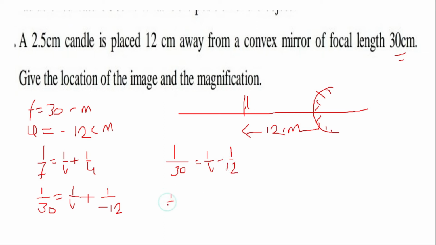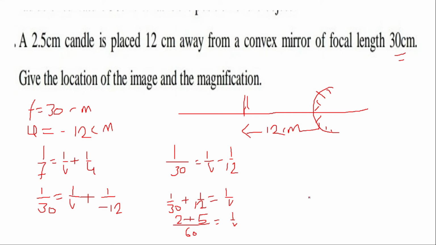So 1 by 30 plus 1 by 12 equals 1 by v. What will be the LCM of 30 and 12? 60 will come. 30 twos are 60 and 12 fives are 60. So 2 plus 5, and 1 by v, sorry.